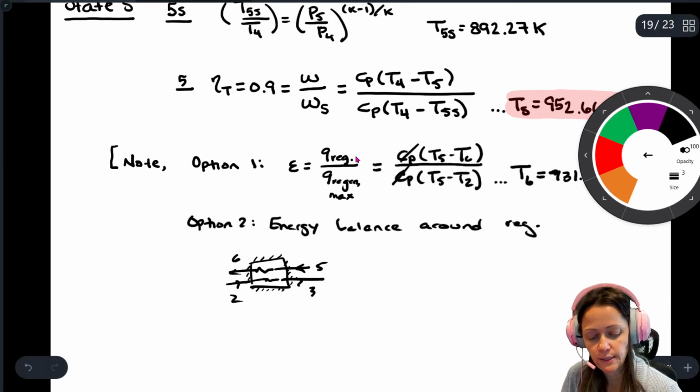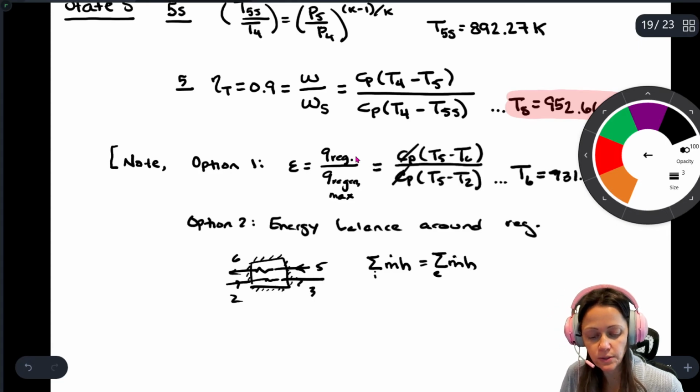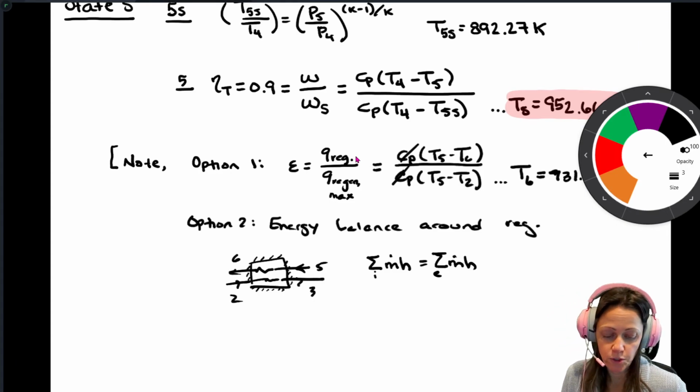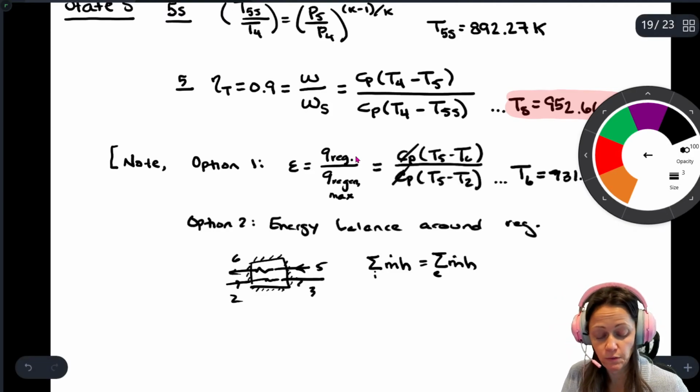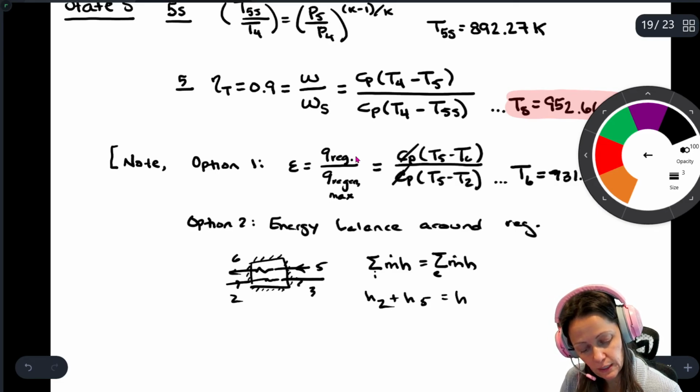So when you apply your energy balance, you're going to have the sum of the m dot h's going in equal to the sum of the m dot h's going out. And of course, your m dots are the same, so you could divide through, and you'd have the h's going in, H2 plus H5, then going out, H3 plus H6.